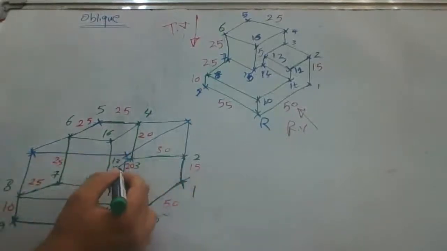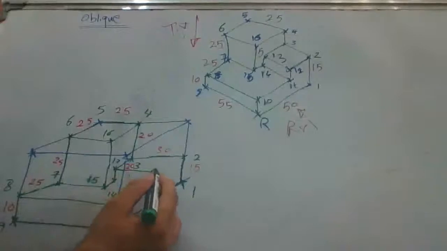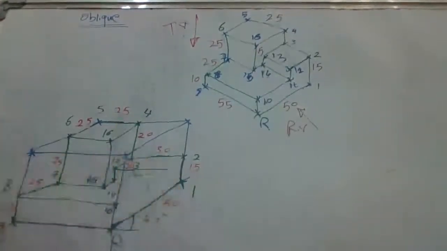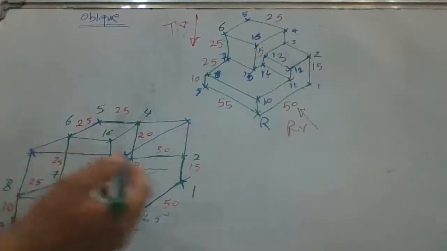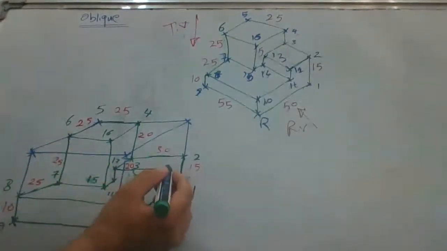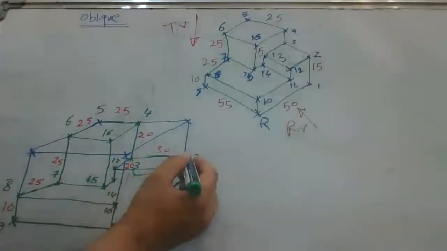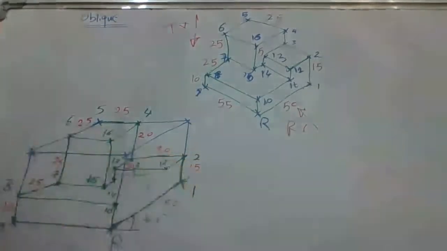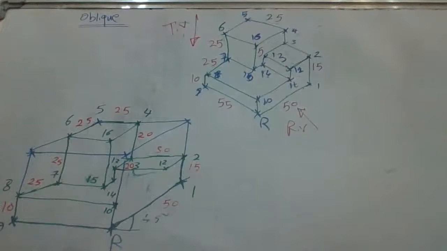Okay. Now we can take here a parallel line to the depth, or to the width, sorry. We can get here 12. Connect 2 with 12, with the same length.